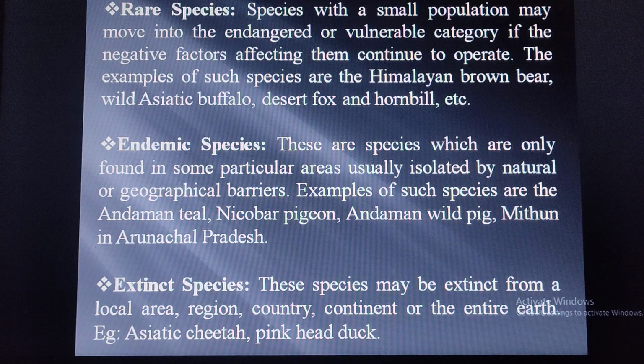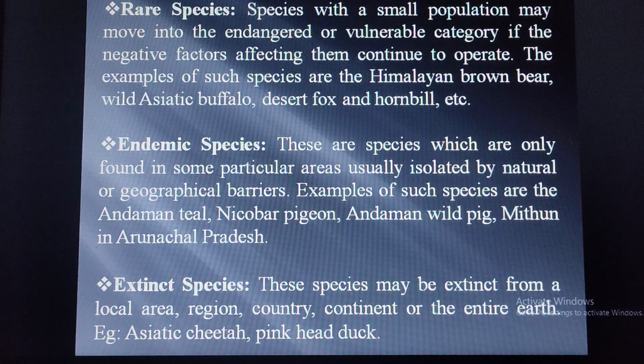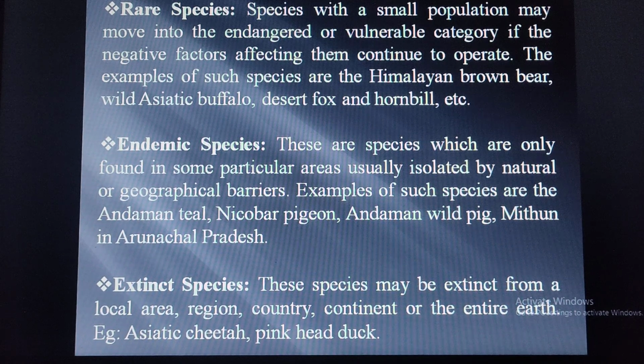So these are the species which are small in population, and if their population is continuously decreasing, they will go to the endangered or vulnerable category if the negative factors affecting them continue. Examples of such species are the Himalayan brown bear, wild Asiatic buffalo, desert fox, and hornbill.